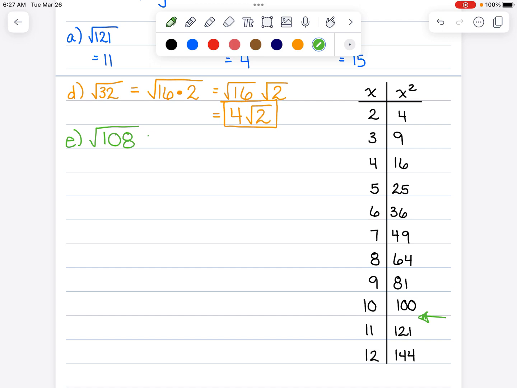It is 36 times 3. Break it up into 2 separate square roots then, and I simplify the one that was the perfect square. Square root of 36 is 6. Now 3 also doesn't divide by any perfect squares, so that is it.